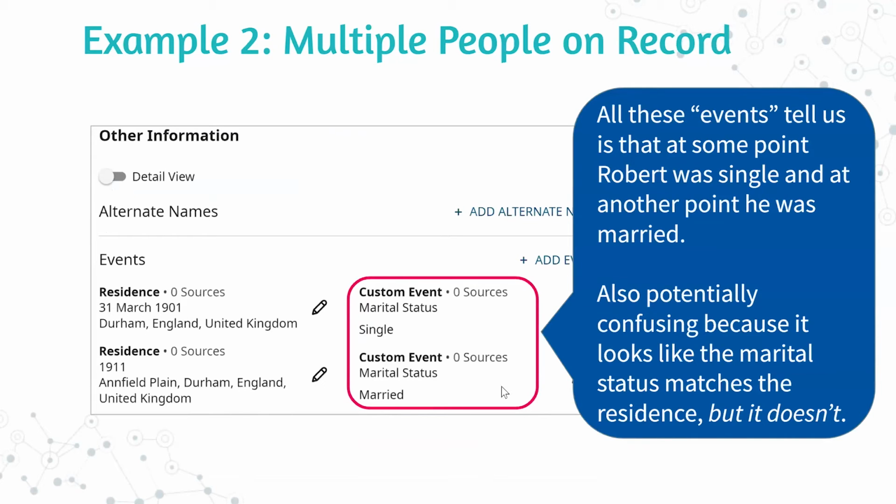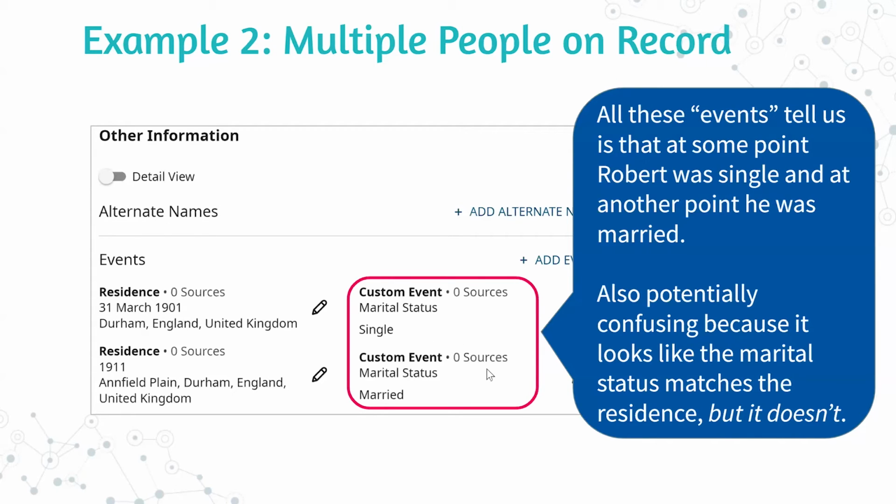No source, no date. And the other thing that is potentially confusing is this is right across from the residence. So somebody could potentially and understandably conclude that Robert was single in the 1901 and married in the 1911, but that's actually not the case. He got married, as I recall, in 1913. So he's actually single in both these censuses.